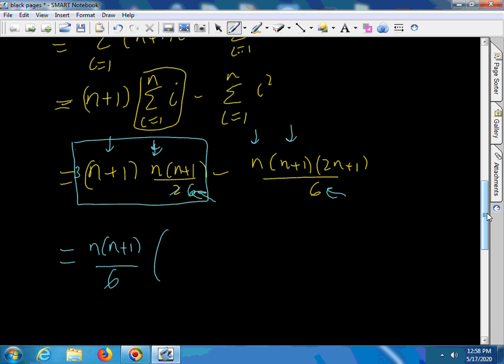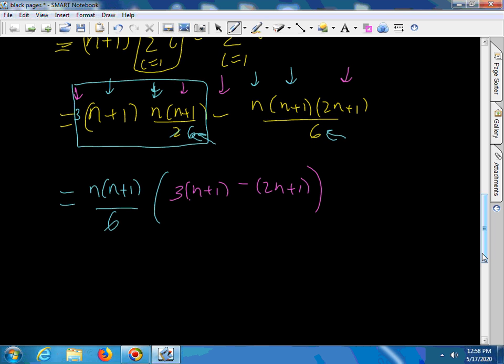So, this 3 times the n plus 1, the minus sign, and then the 2n plus 1. Okay, so we have n times n plus 1 over 6 in front. We have 3 n's, and we are taking away 2 n's.